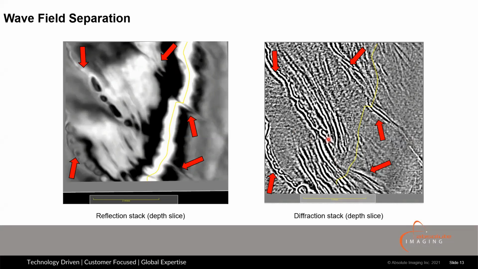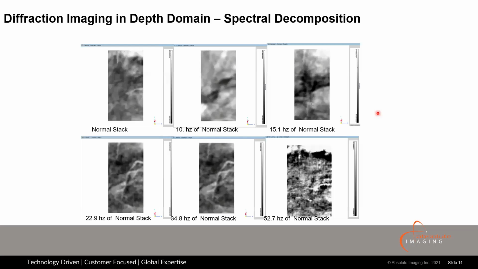By removing this reflection energy, which is really strong and overpowers the stacking output, you are able to reveal and see a much more detailed image of the fractures that we are trying to image.